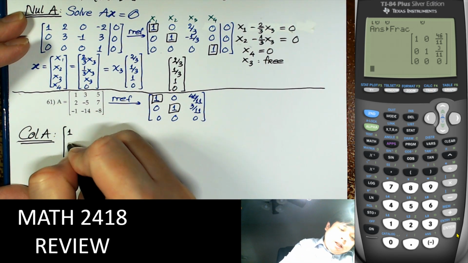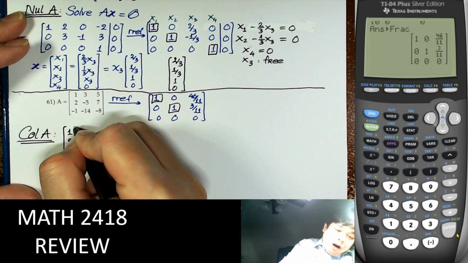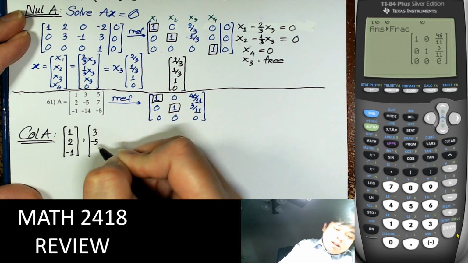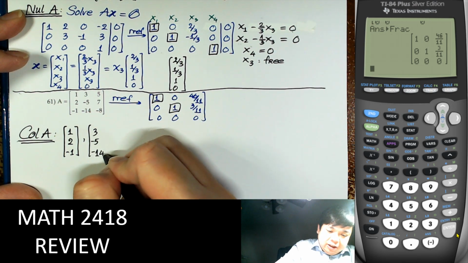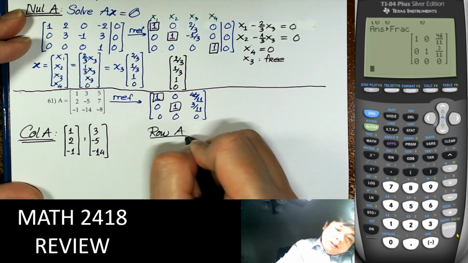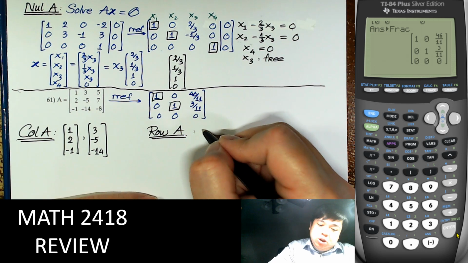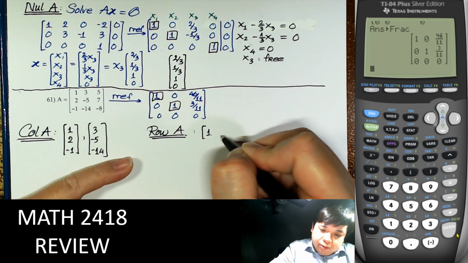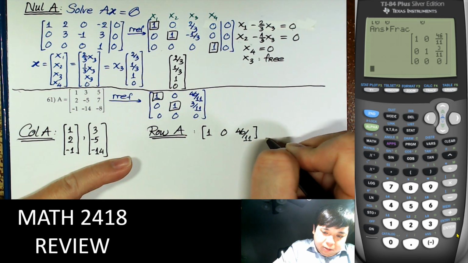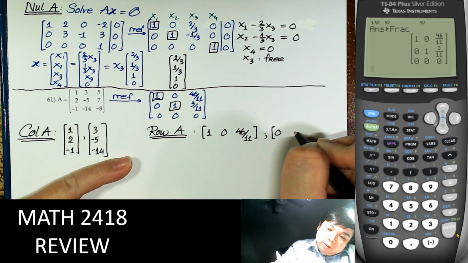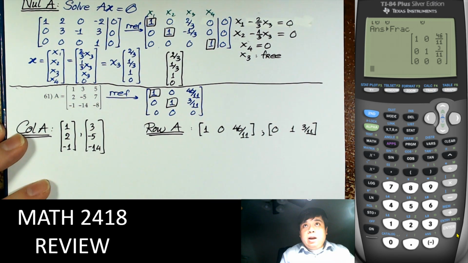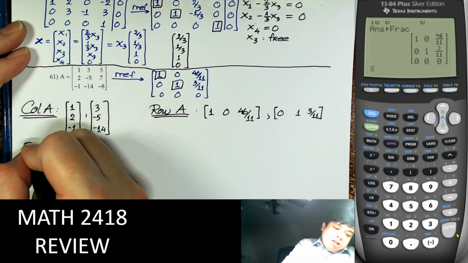So these two columns are the basis for the column space of A. For the row space of A, we're just going to take these two pivot rows. And then next we go to the null space of A.